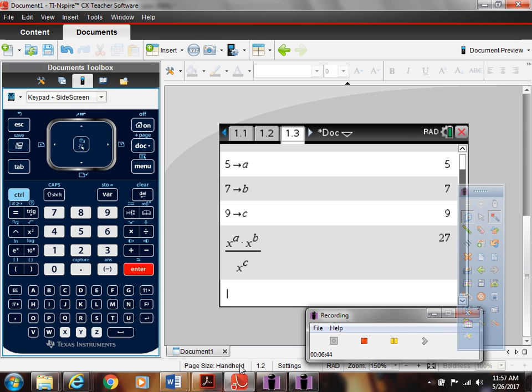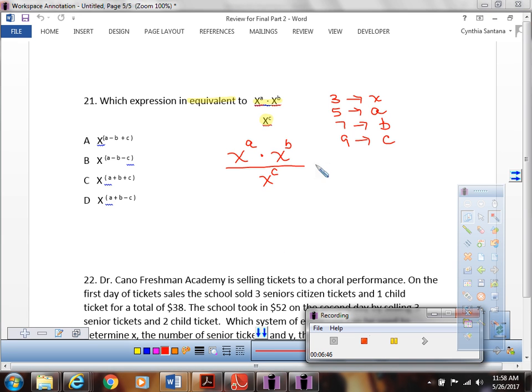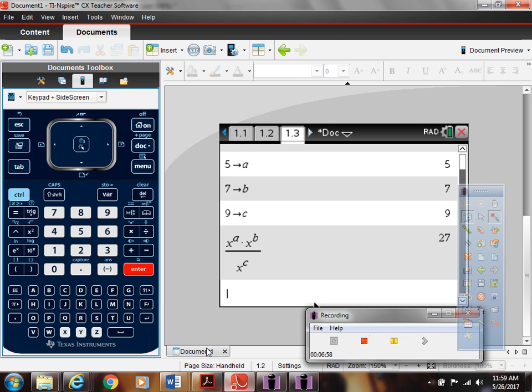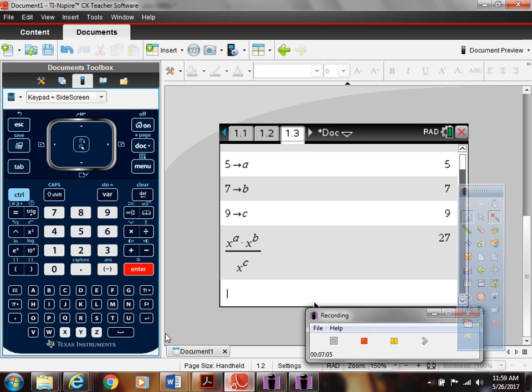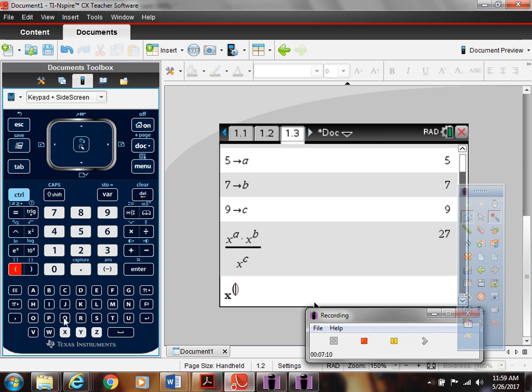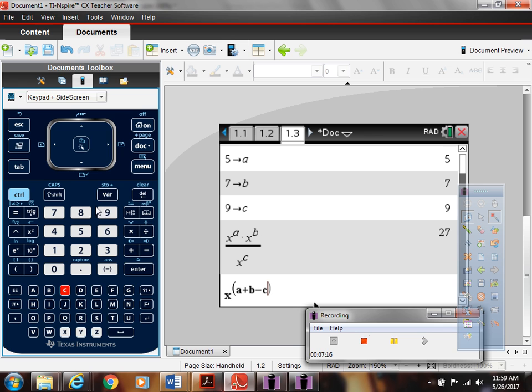So yeah, we're looking for the one that's going to give us the value of 27. So, which one of these gives you a value of 27? That's what we need to find out. You're picking C, let's try C. I'm guessing. D? Oh, yeah. Alright, so let's try D then. If y'all think it's D, I'm going to go ahead and try that one. X raised to the, what is it, A plus B minus C, right?